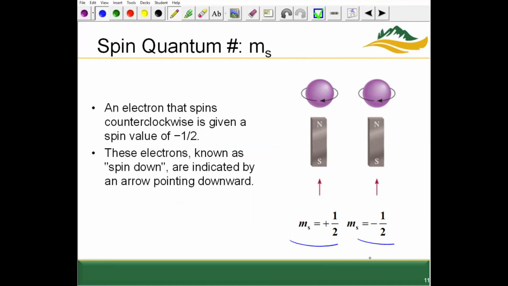Well, m sub s of plus 1/2 and m sub s of minus 1/2 are the two possible m sub s values for all electrons. So we can get very specific with our n value, our l value, our m sub l value. When it comes to m sub s, that's always plus 1/2 or minus 1/2, regardless of what the n, l, and m sub l values are.